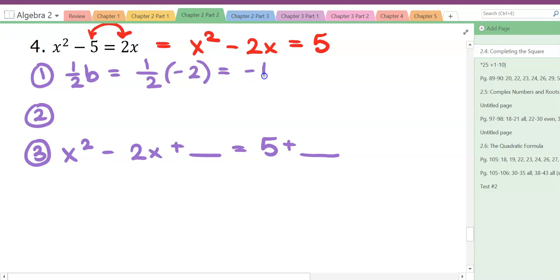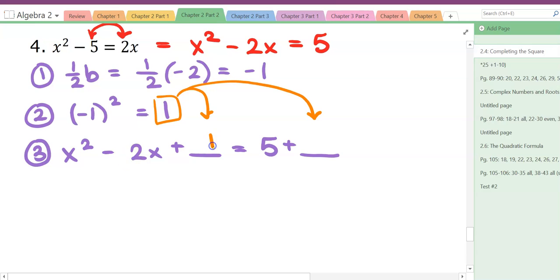Okay. So step 2 is to take -1 and square it. What's -1 times -1? 1. So this 1 is what you guys should have dropped into those blanks. So it should say x squared minus 2x plus 1 equals 5 plus 1.